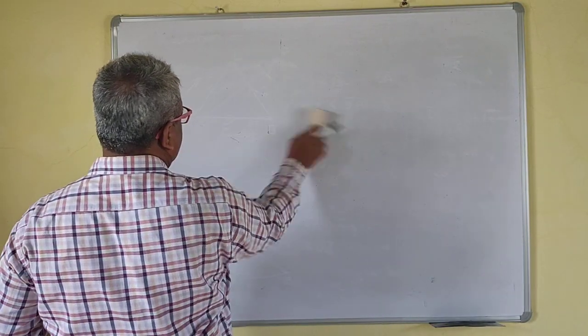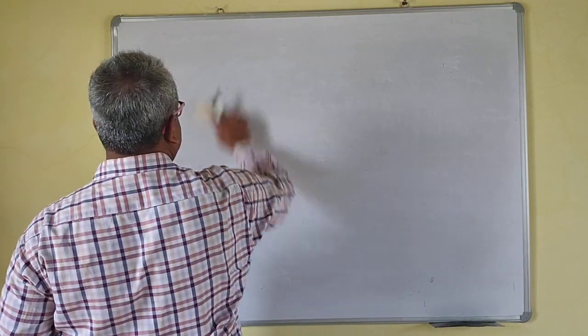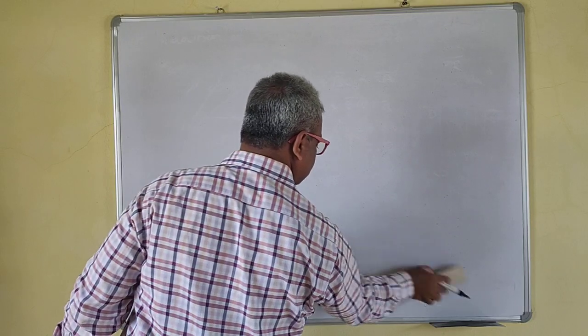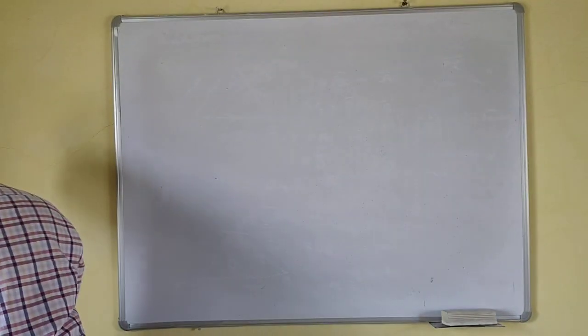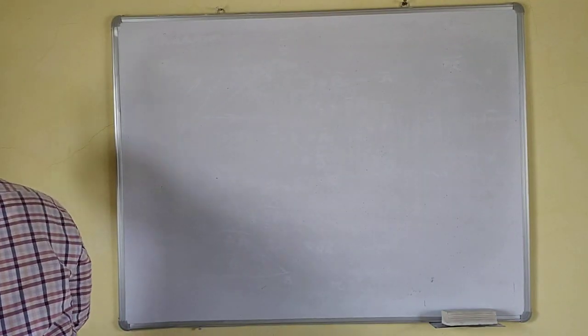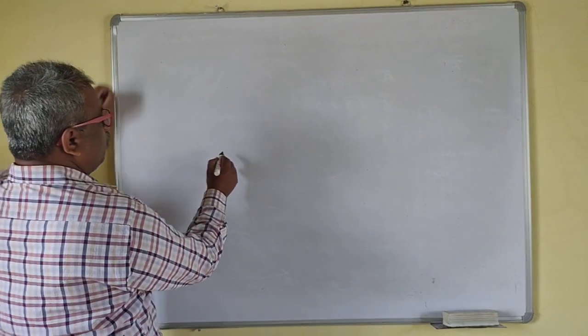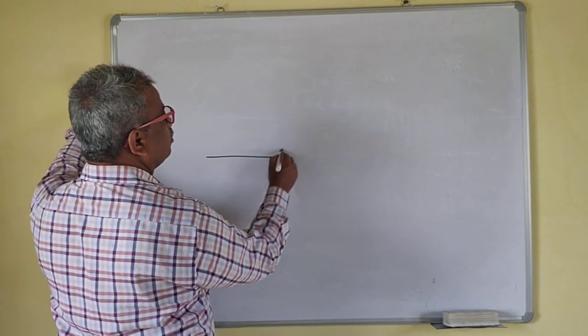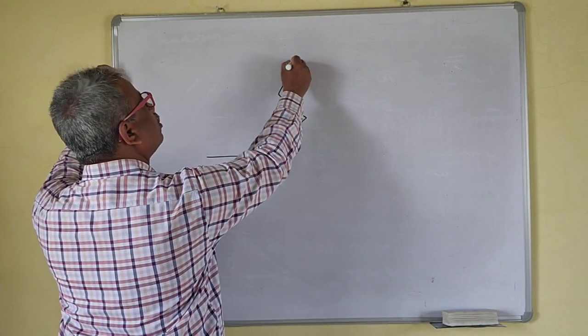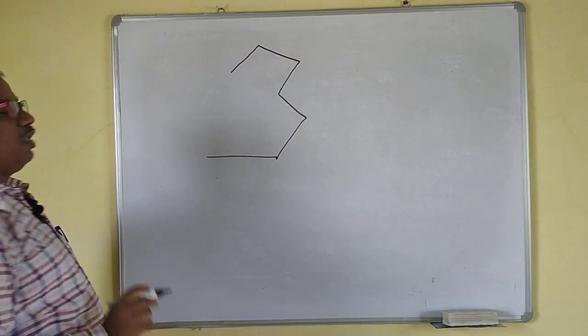So here the direction is important for A bar, B bar, C bar. Now suppose we have a polygon like this. This is a polygon.